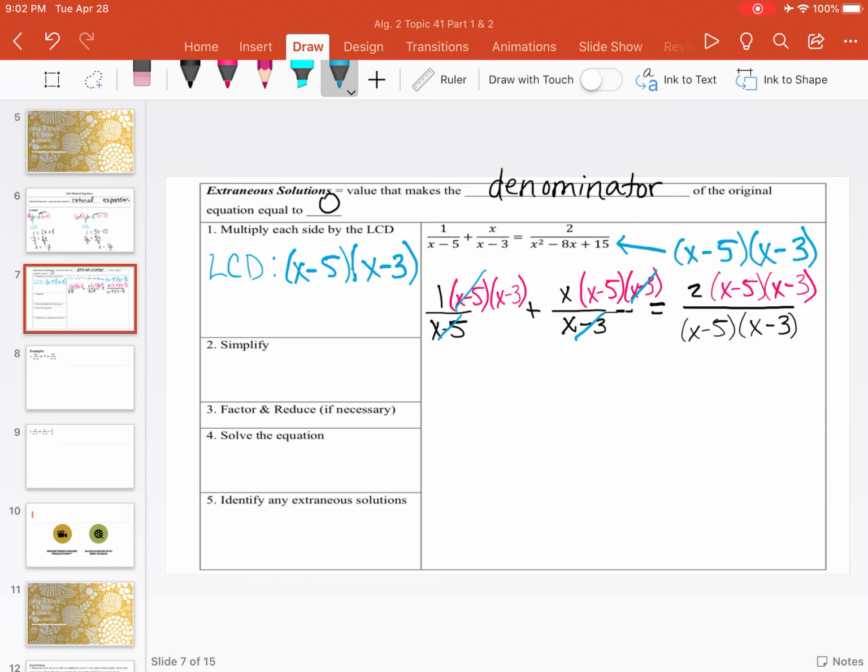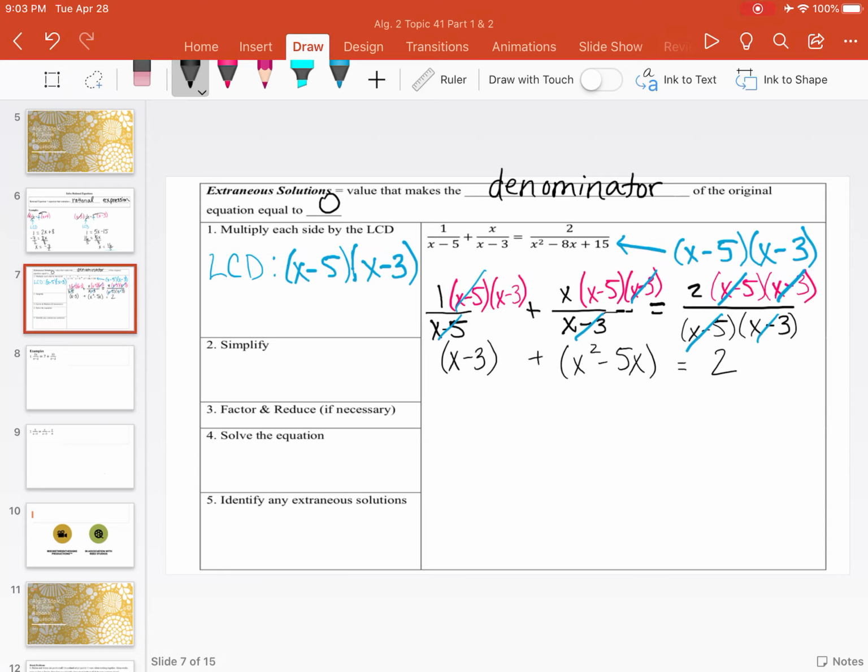And on the right-hand side, we have x minus 5, x minus 5, x minus 3, x minus 3. So if I were to simplify this and rewrite it, I'd be left with 1 times x minus 3, which is just x minus 3, plus, now x times x minus 5. So that simplifies to x squared minus 5x equals 2.